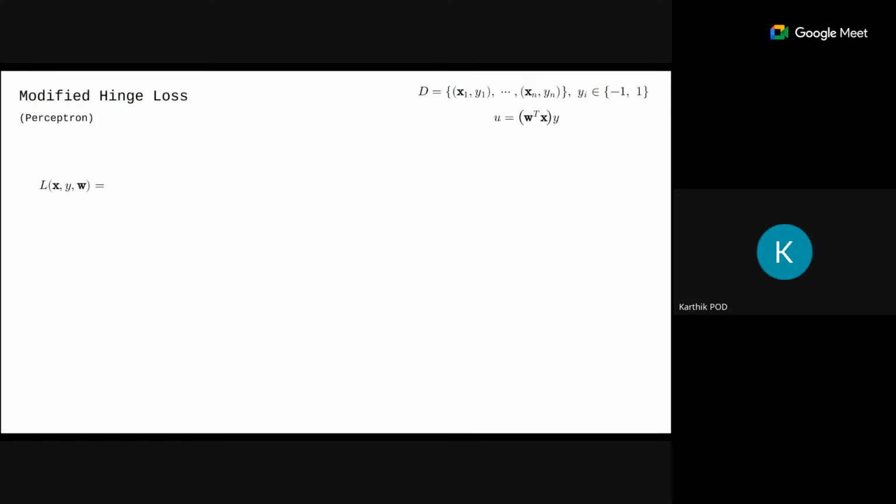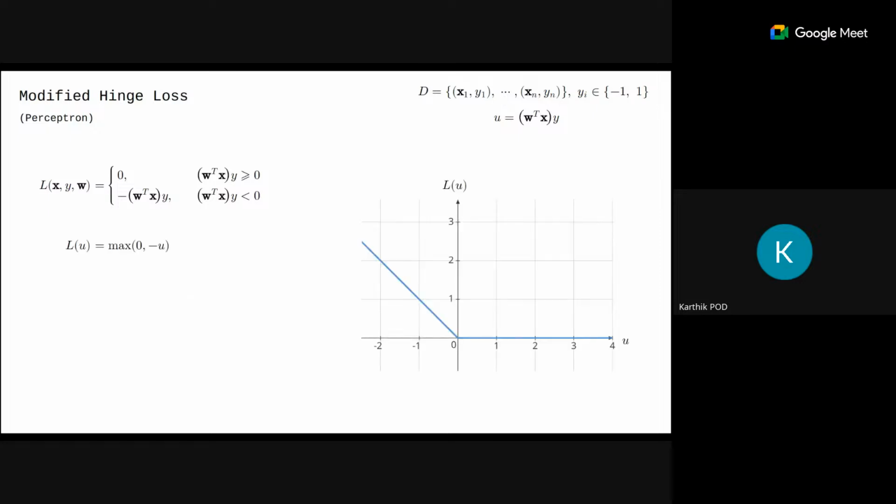So for the perceptron, we didn't have a loss function actually, but then we can think of it as a loss function. The loss function is nothing but minus w transpose xy when the point is misclassified. Okay, so you can impose this as the loss, and if you plot this, it is very similar to the hinge loss that we had, and then it's shifted to the left by 1 unit.